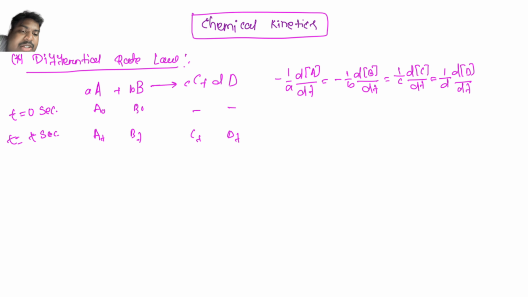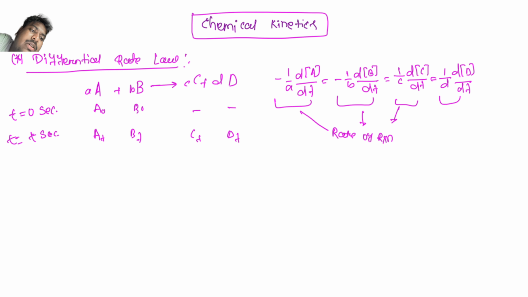Now each term explains the rate of reaction. Each term is known as a rate of reaction. Here I have written 1 by a dA by dt.